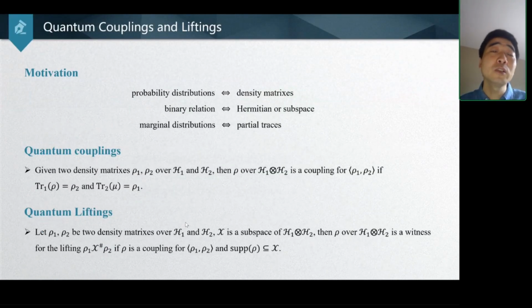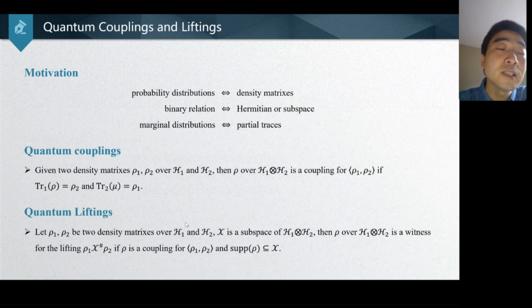To define quantum coupling, we move from probabilistic distributions to density matrices, the binary to Hermitian trace, and marginal distribution to partial trace. Partial trace is very common in quantum mechanics.